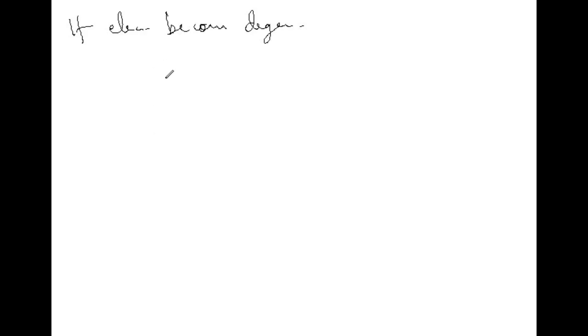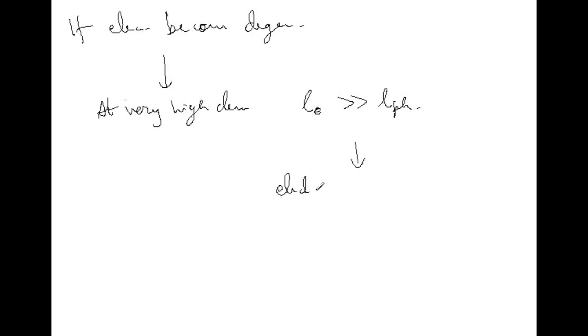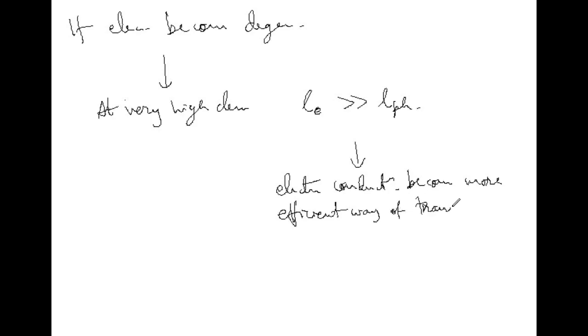So at very high densities, when the mean free path for electrons is much greater than the mean free path for photons, electron conduction becomes a much more efficient way of transporting energy than radiative diffusion.